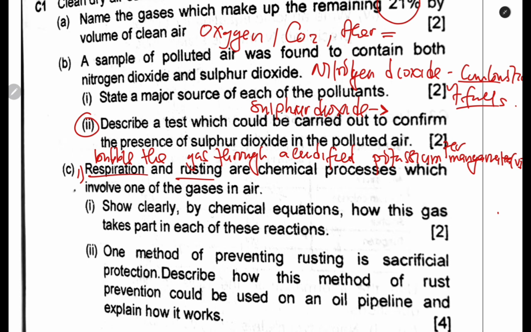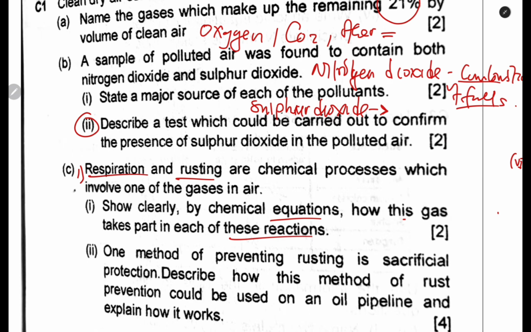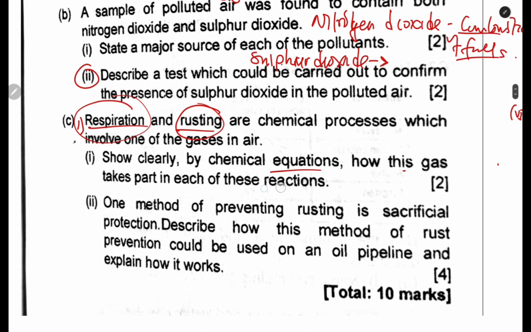Show clearly by chemical equations how this gas takes part in each of the reactions. So we are told to write the equation of rusting and of course respiration. So 2 equations.